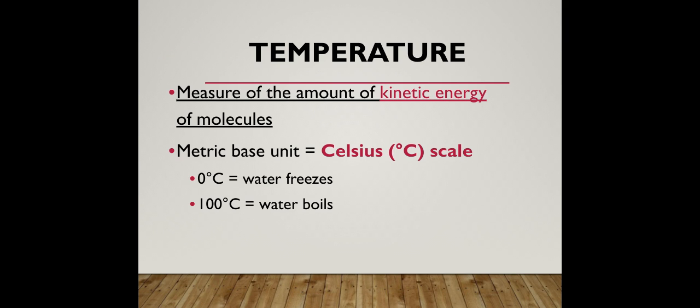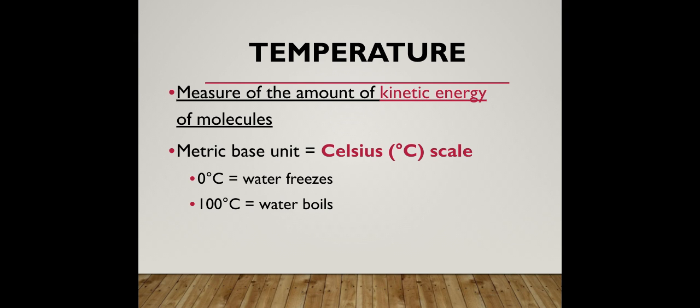When we measure temperature, we're actually measuring the amount of kinetic energy in the molecules of that substance. The metric unit that we use is degrees Celsius. On the Celsius scale, we have water freezing at 0 degrees instead of 32 like in our imperial measurement Fahrenheit scale.